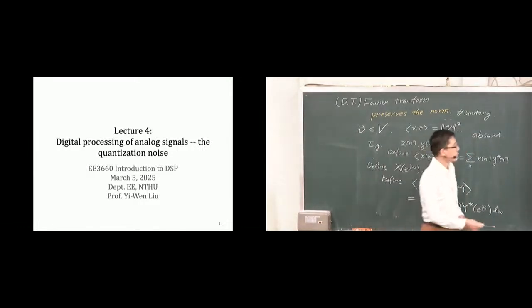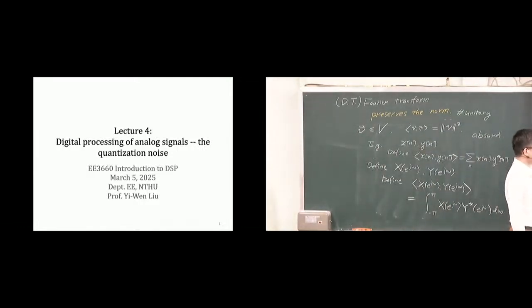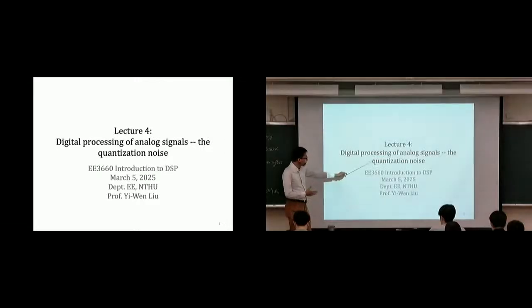So this lecture is about finally making the signal digital, and then we can talk about digital processing of analog signals, and there the main issue is called quantization. When we encode any real number, that encoding introduces error.